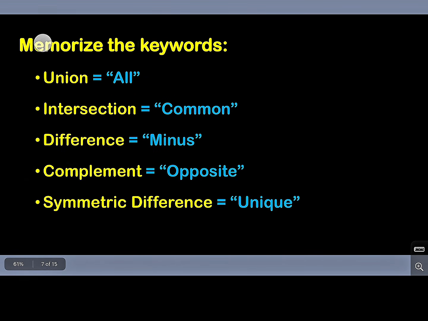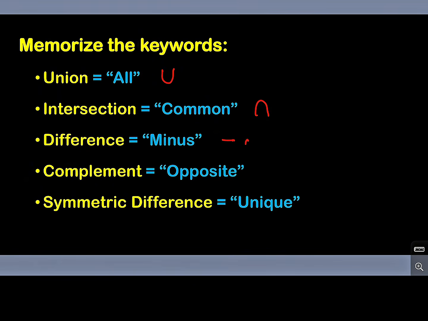I included here the keywords for you to easily memorize or remember the operation of set. For union, always remember you have to list all the elements, but repetition is not allowed. For intersection, you need to list down only the common elements.